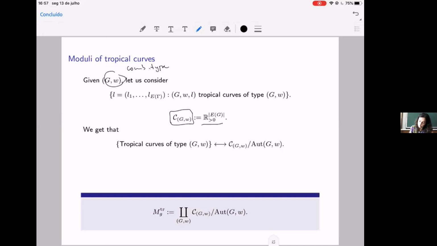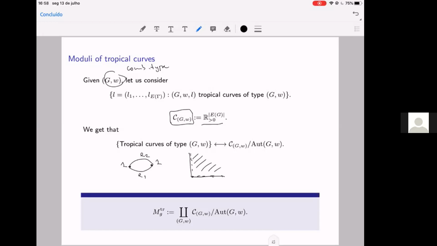For instance, if you have a situation like this, this is the type of the curve. You have one edge here and another edge here, so you have two lengths to parameterize. You start by considering R^2. Is length 0 allowed? No, it's not allowed.